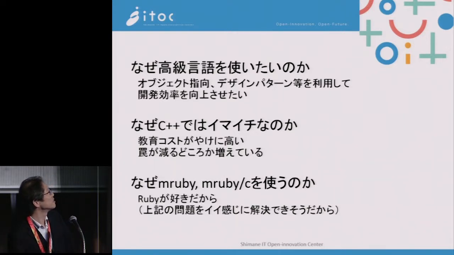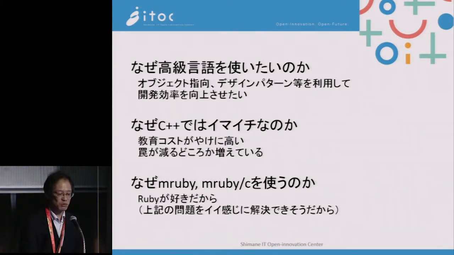But in order to deal with this complicated programming, tools like object-oriented programming should be used to improve the development efficiency. And for that, C++ has too high an educational cost.